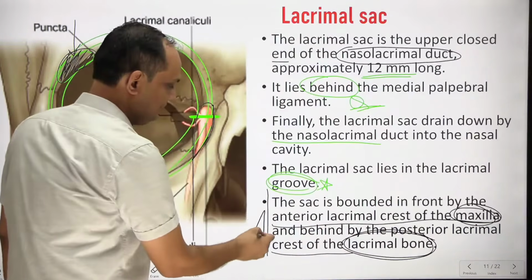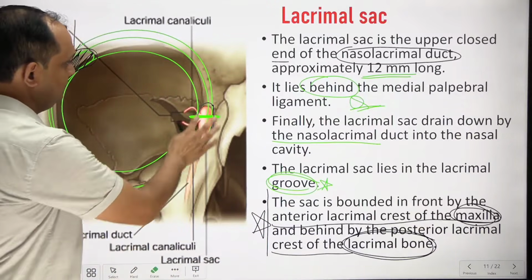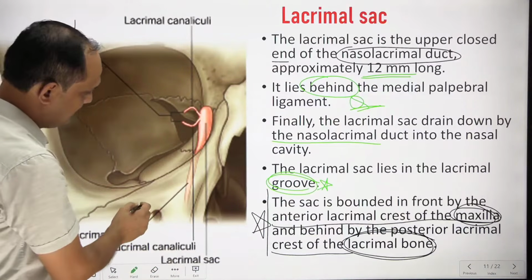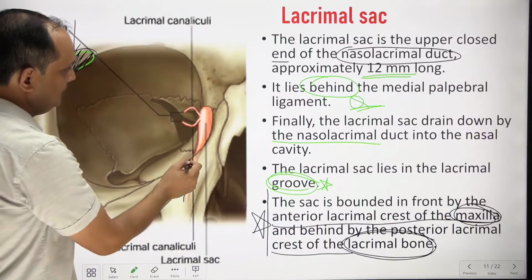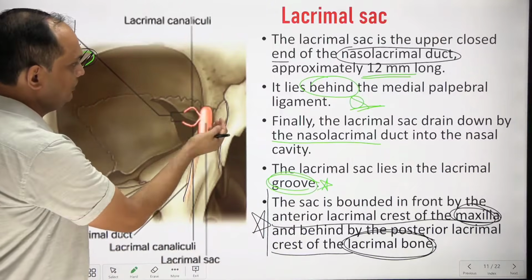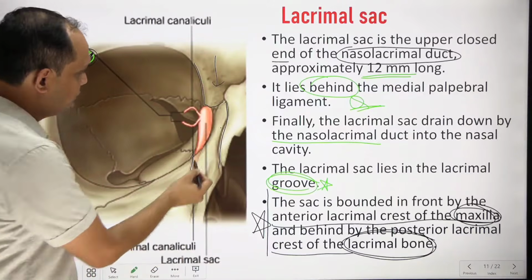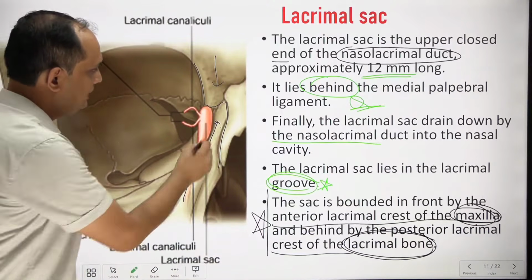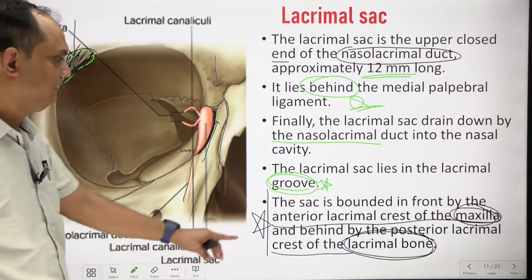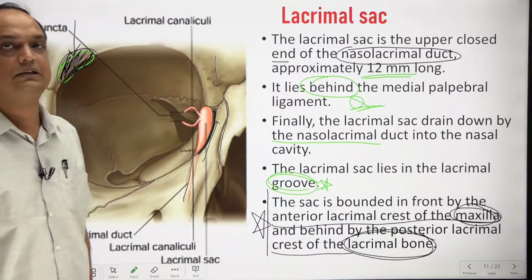So this is a question for you. When you see a dry skull, you can appreciate that there are two bones. What is this here? This is your maxilla. Now this maxilla goes into the medial side of the orbit and makes a suture here with the frontal bone. This part of the maxilla has a small projection here. This is known as the anterior lacrimal crest, and it lies just in front of this sac.